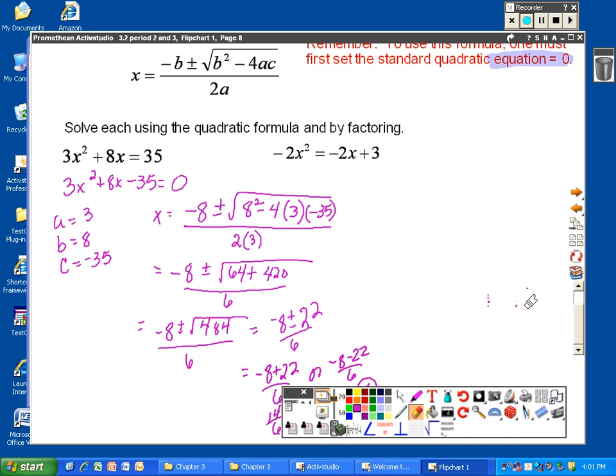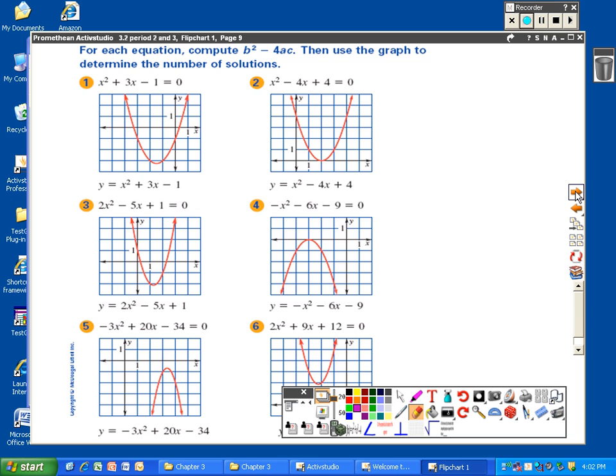Okay. Let's do the next one. This has us compute b squared minus 4ac. So in this one, b is 3.